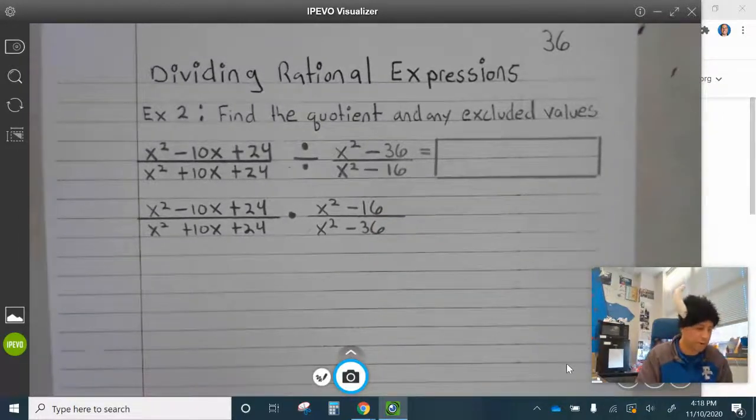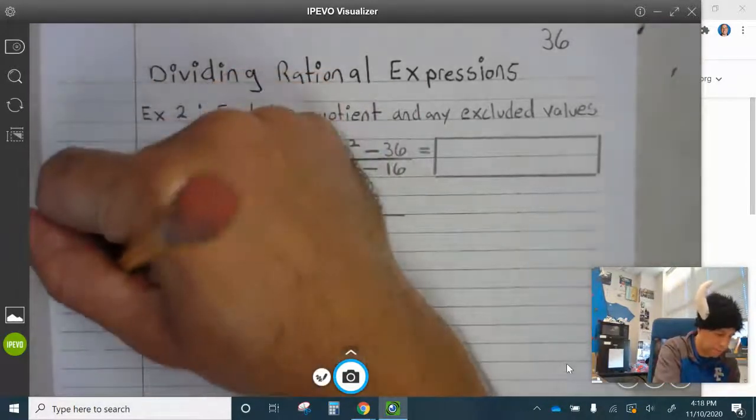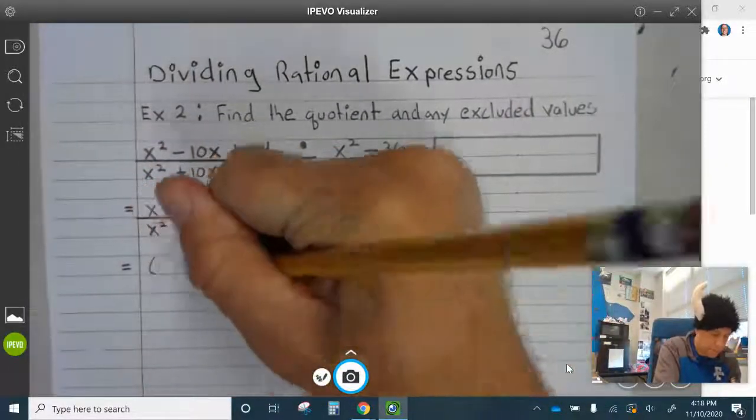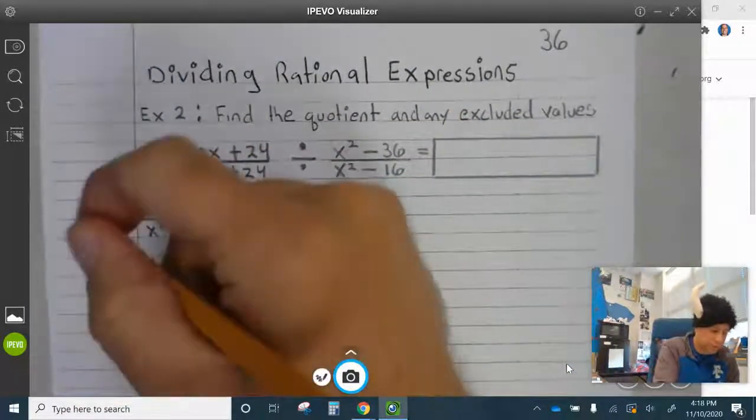Now we need to factor the numerator and denominator. We know 2 parentheses. We also know that this has 2 parentheses.